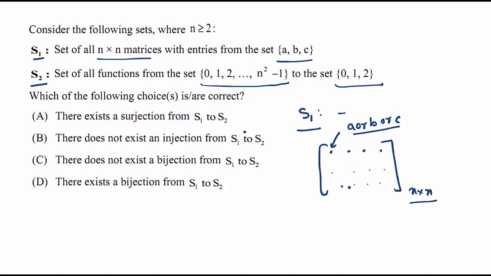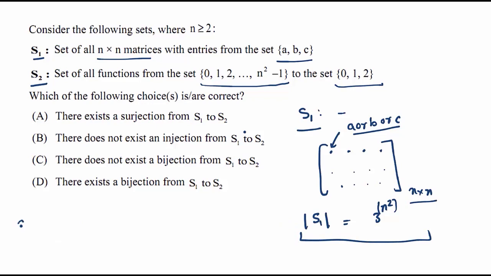It means that the cardinality of S1 is 3 power n square, because that many matrices are possible.